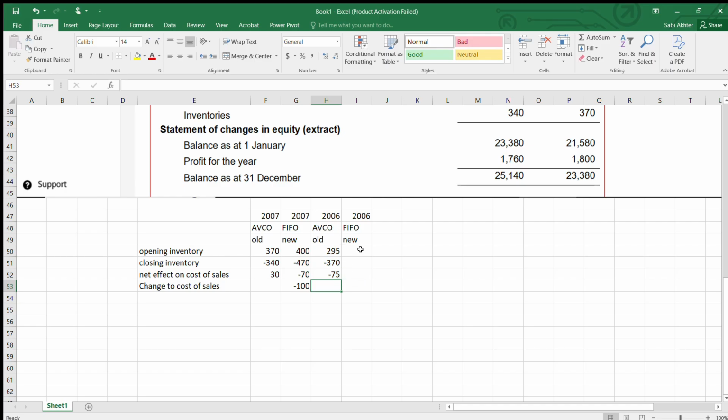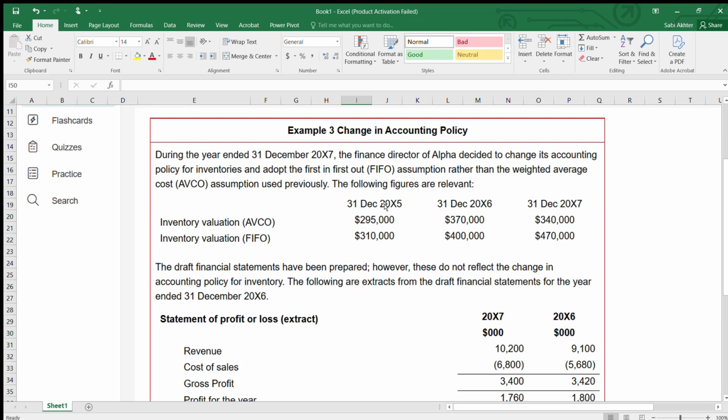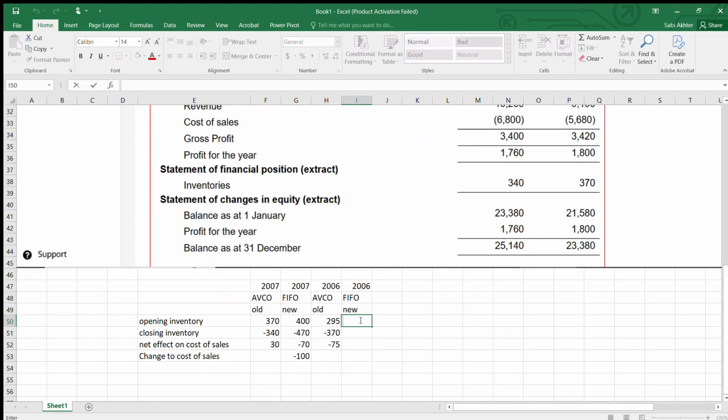And under FIFO, for 31st December 2005 and 31st December 2006, 310 is the opening, 400 is the closing. If you want to get the difference, just take the sum. It is minus 90.